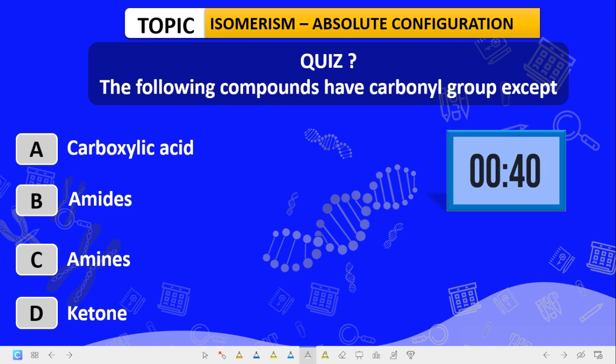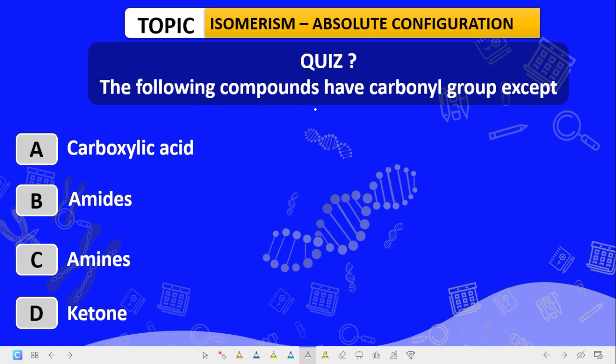And which do you think does not have carbonyl group? Now, the following compounds have carbonyl group except.